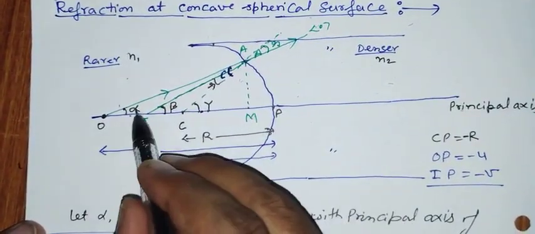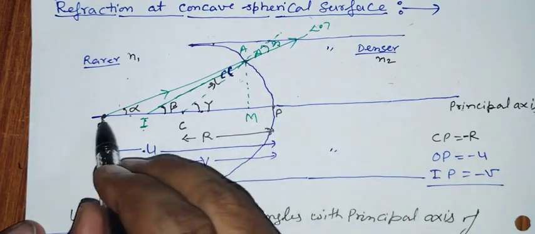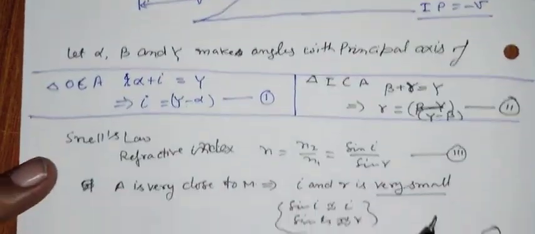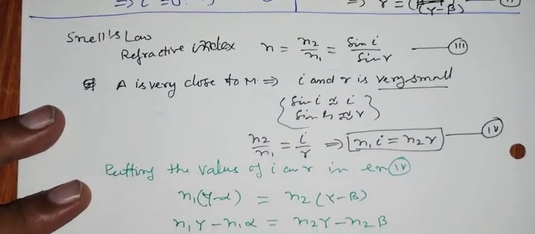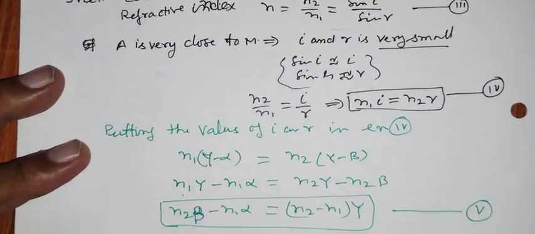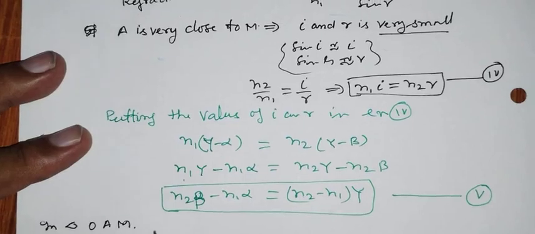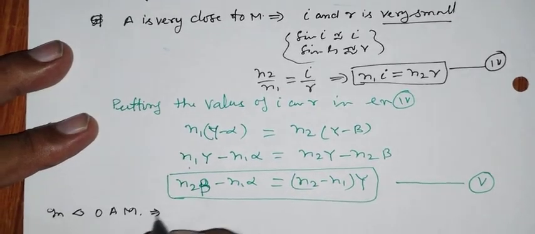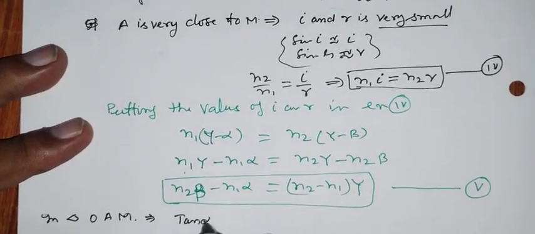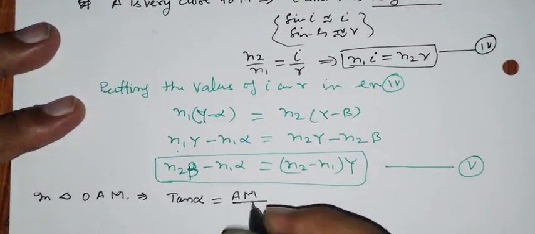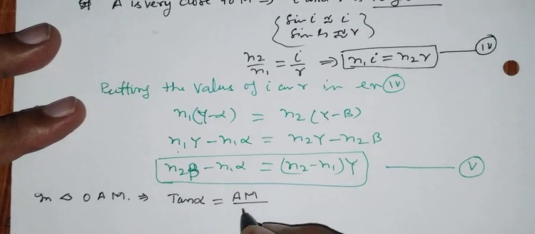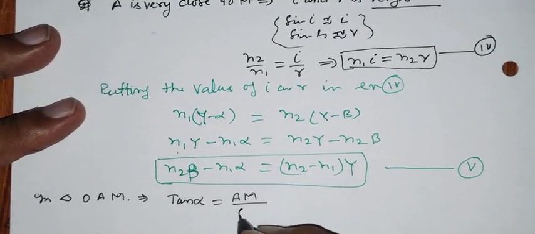Tan alpha is equal to AM by OM. So in triangle OAM, tan alpha is equal to AM by OM.